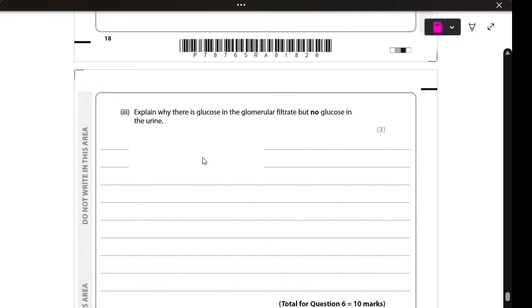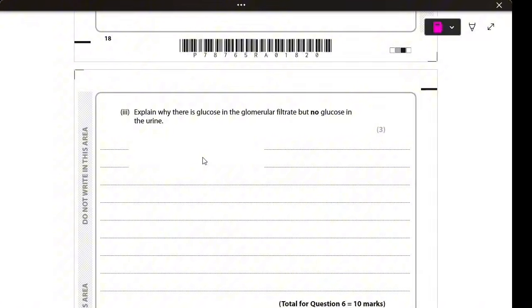And the last question: explain why there is glucose in glomerular filtrate but no glucose in urine. First of all, as glucose is present in glomerular filtrate, that means it can pass through the glomerulus. That means they are small molecules. But they are not present in urine.